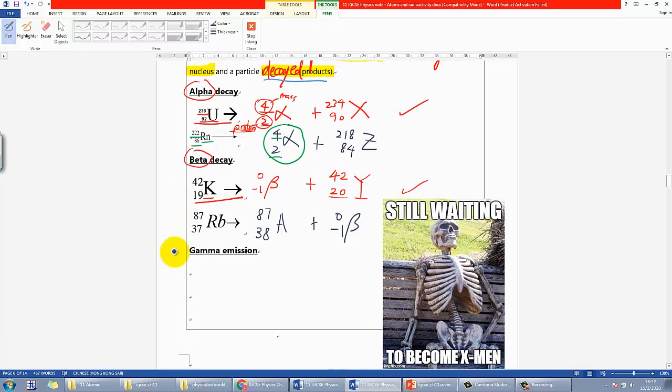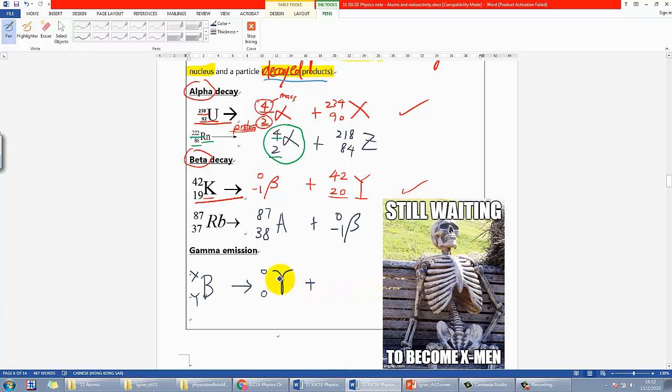Just balance them. For gamma, it will be a bit different from beta and alpha, because gamma is simply a beam of energy, or you could call it a photon. So the mass number is 0, and the charge is 0. Let's say we have an element B, and the numbers are X and Y, it doesn't matter what they are.